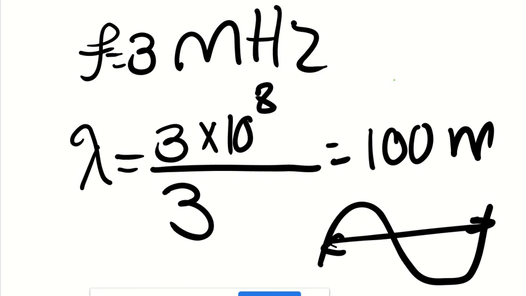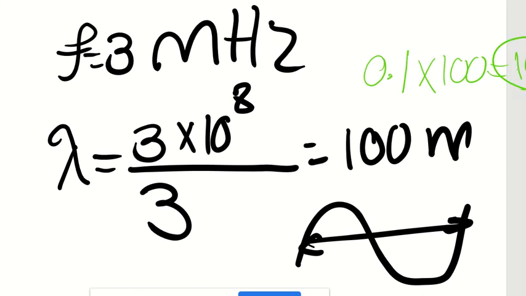As long as I have 0.1 times 100, which is 10 meter, then if 10 meter is the length of my transmission line, this conductor I'm looking at is acting like a transmission line. And all of those baggages of impedance and capacitance and inductance will come with it, okay? So if you have a cable 10 meter and larger, then you have to look at it as a transmission line.